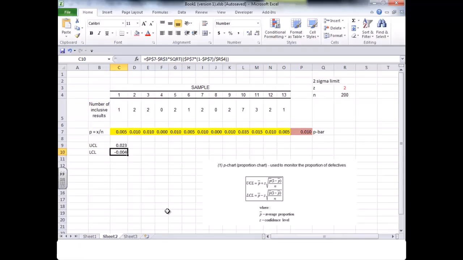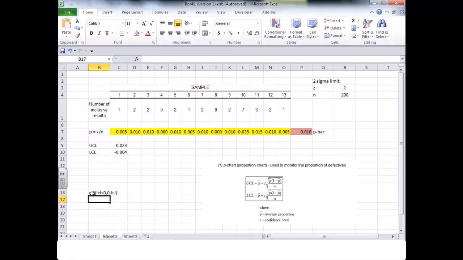But in this case, it's saying negative. So the temptation is to just replace this with 0. Don't. What is a better approach? Use an if statement, correct. So we will do this. Equals, if the computed lower control limit is less than 0, we will ask Excel to put 0, else compute the lower control limit.